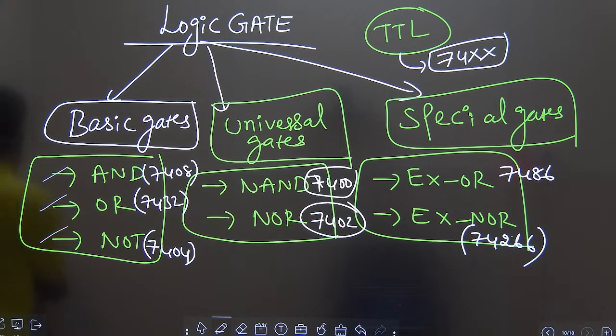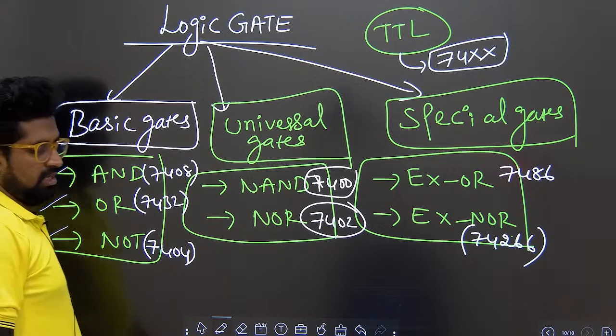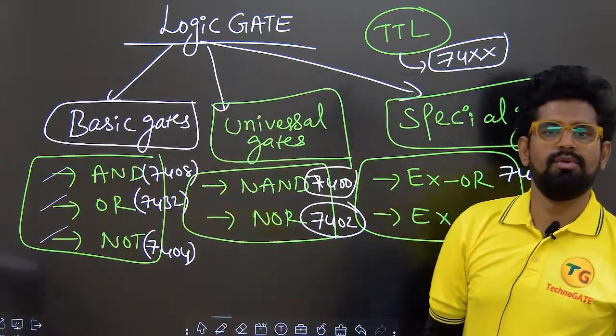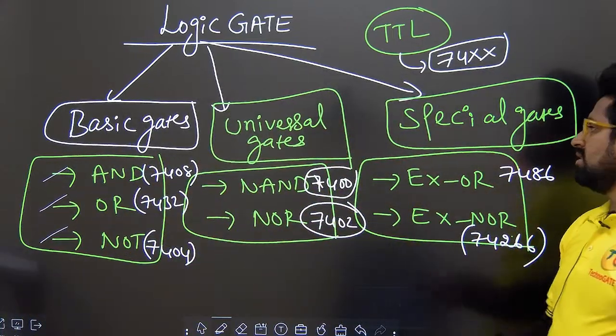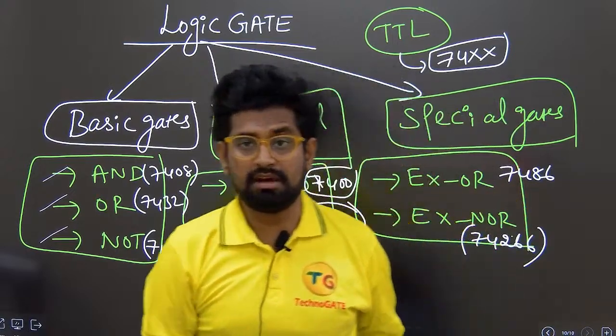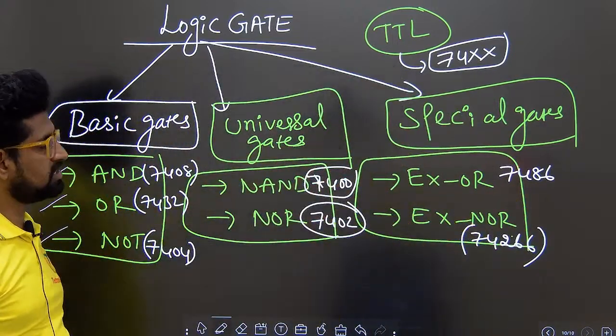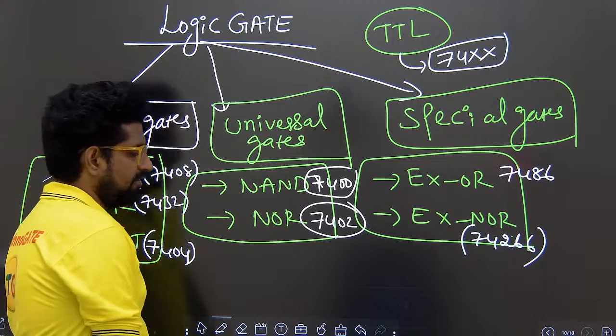Now we will enter into the logic gates one by one. First I will explain the basic gates, then the universal gates, then the special gates, which are XOR and XNOR. These are very important.